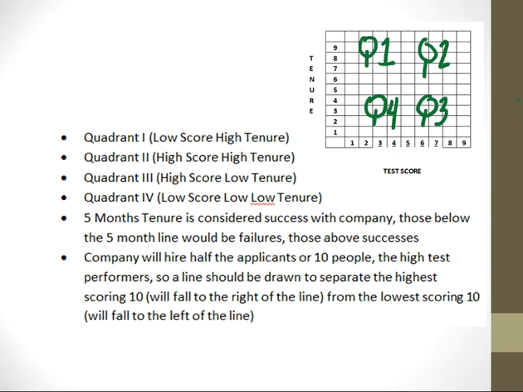Those below the 5-month line would be failures. Those above, successes. The company will hire half of the applicants or 10 people. For the high test performance, a line will be drawn to separate the highest scoring 10, which will fall to the right of the line, from the lowest scoring 10, which will fall to the left of the line.